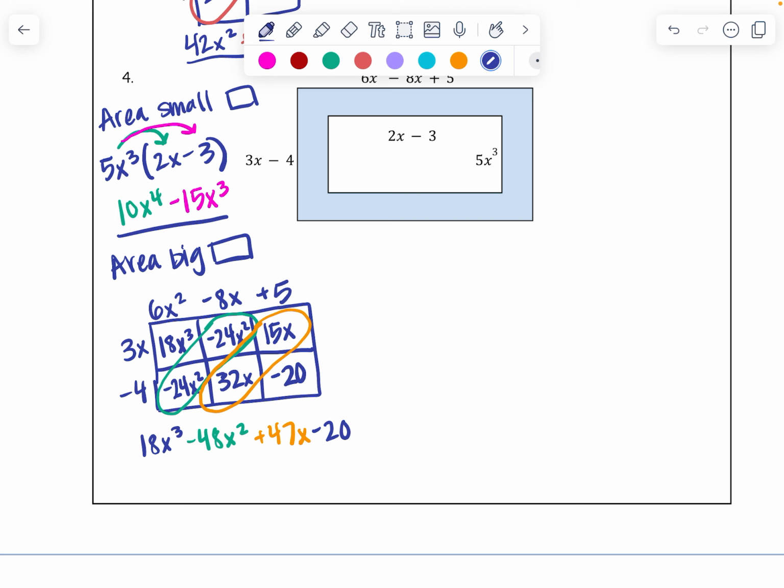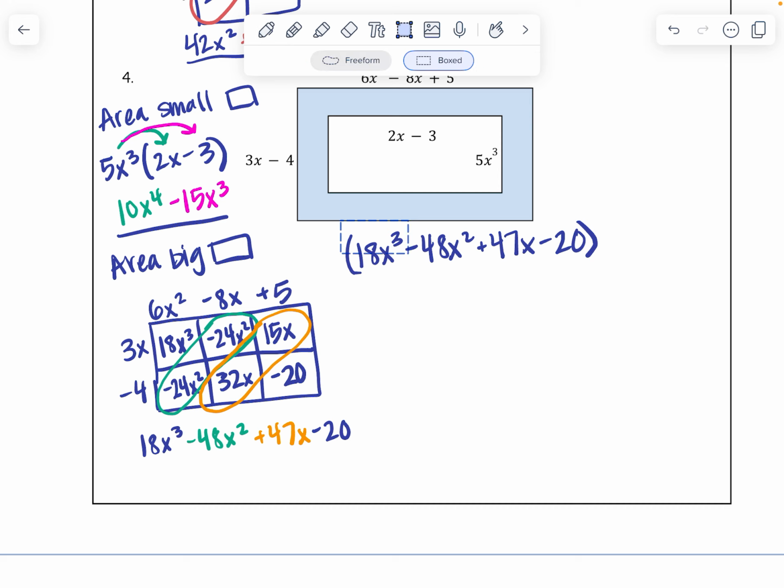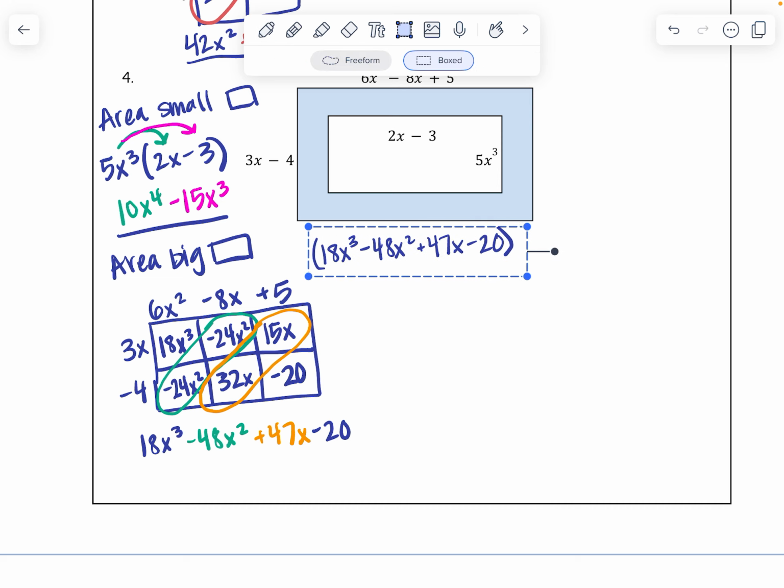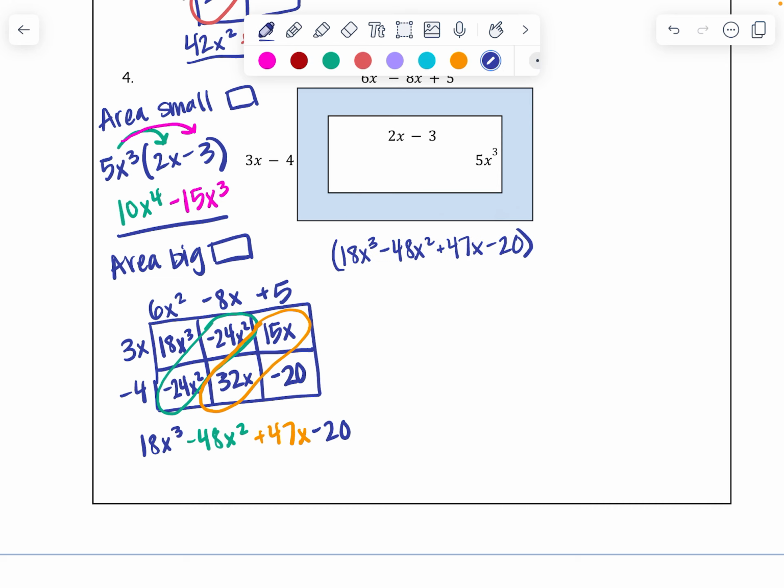So now that I have each area, I need to subtract the big one minus the small one. So the big one is the bottom one here. So 18x cubed minus 48x squared plus 47x minus 20, minus 10x to the power of 4 minus 15x cubed.